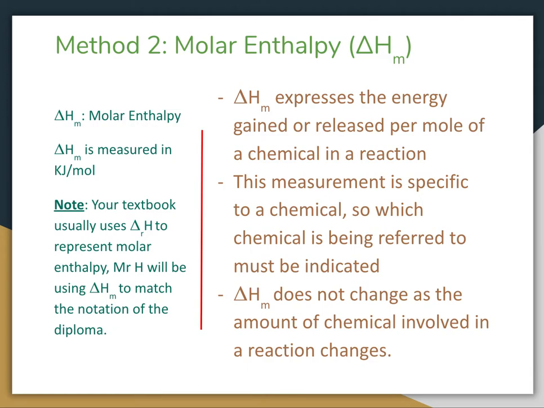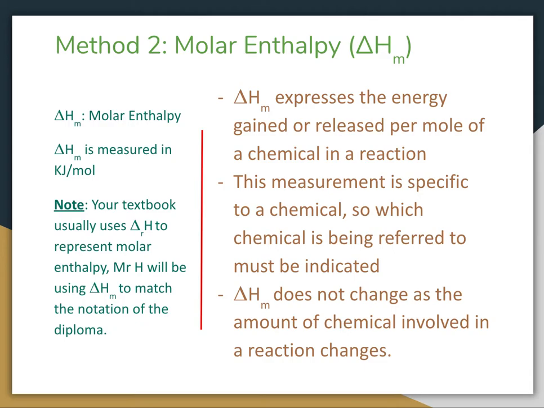And the molar enthalpy expresses the amount of kilojoules being lost or gained by the reaction relative to the amount of chemical that's present. So this number does not change as you increase or decrease the amount of chemical involved because this is a rate.